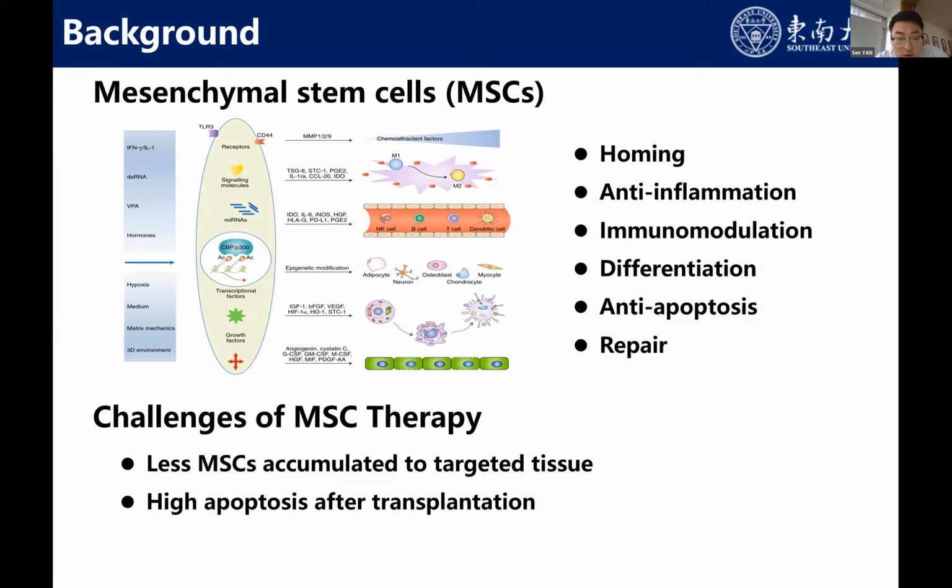Mesenchymal stem cells, MSCs, have been used for the treatment of various diseases because they have many functions such as homing and anti-inflammatory effects. But the development of MSC therapy is challenged by the loss of the transplanted MSCs and the failure of function due to the high apoptosis after transplantation.